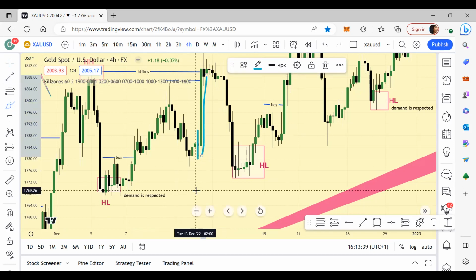Your last down candle, I hope you're writing this down, your last down candle before the up move. This is when you're in an uptrend.